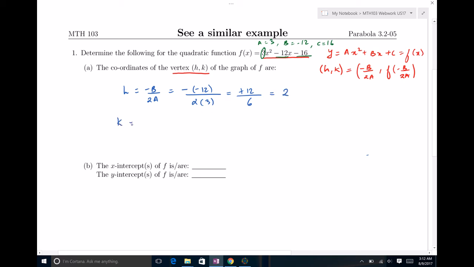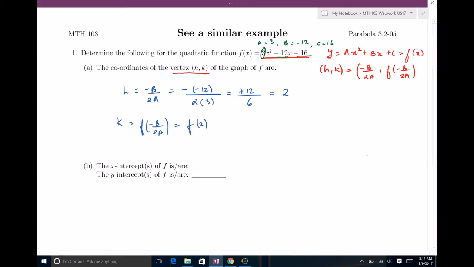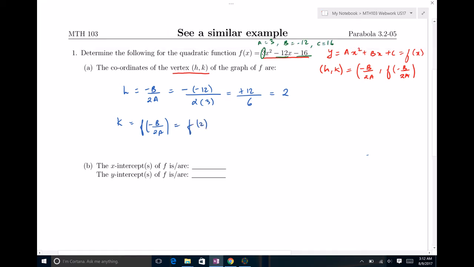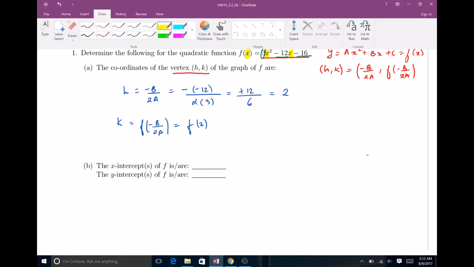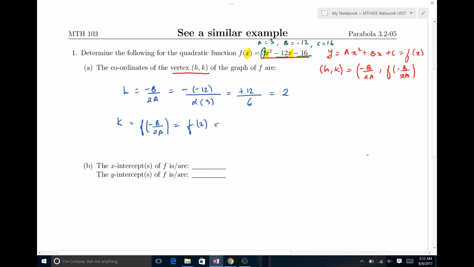To find the value of k, we need to find f of negative b over 2a, which in this case we just found out is 2, so we want to find f of 2. Now in order to find f of 2, all you need to do is look at f of x, and wherever you have x, you're going to replace it with a 2. You're going to find the value of the function at 2. So that's 3 times 2 squared minus 12 times 2 minus 16.